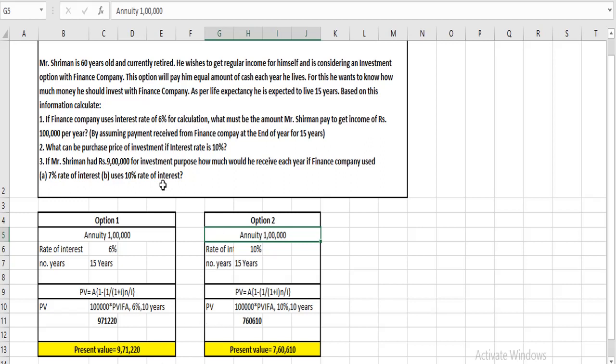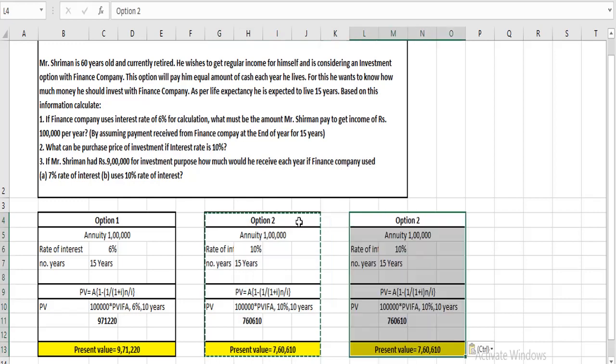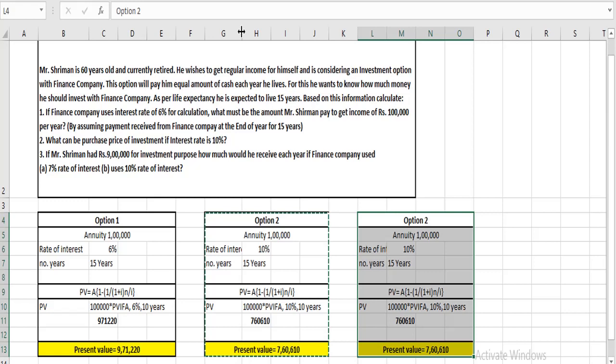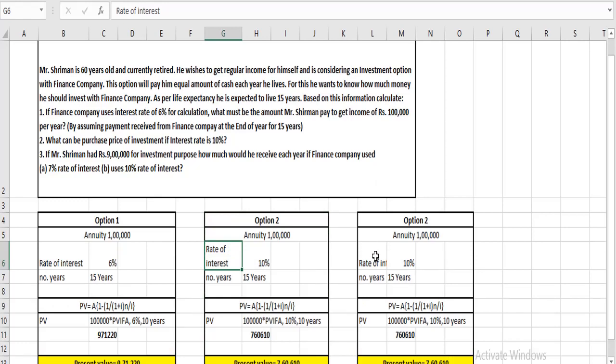Now we calculate option 3. If Mr. Shriman has 9 lakh rupees and deposits these 9 lakh rupees with an investment company, how much monthly income can he generate?